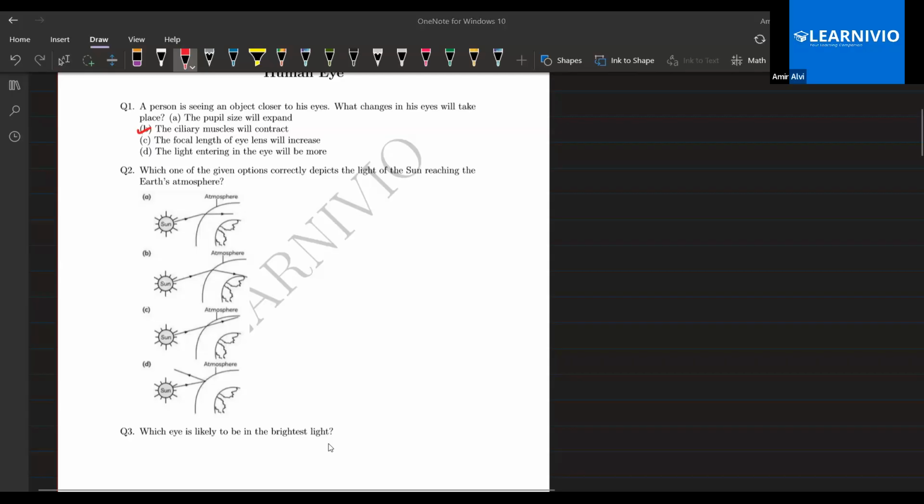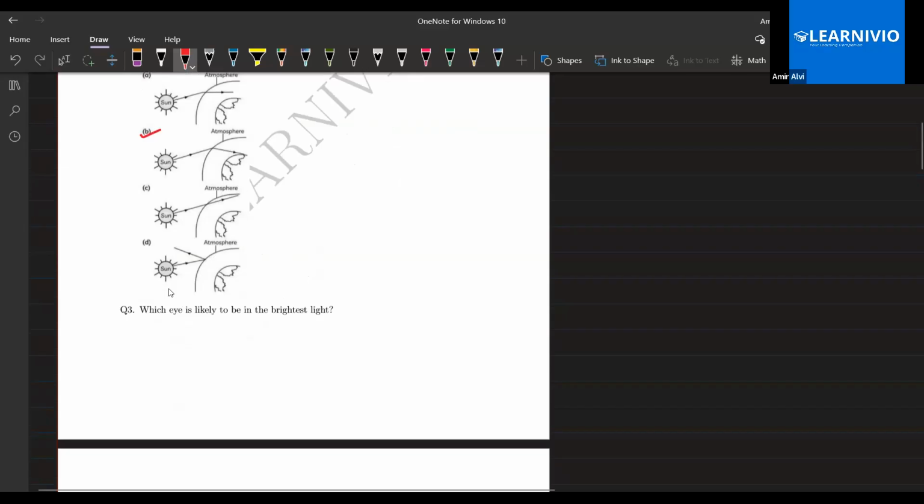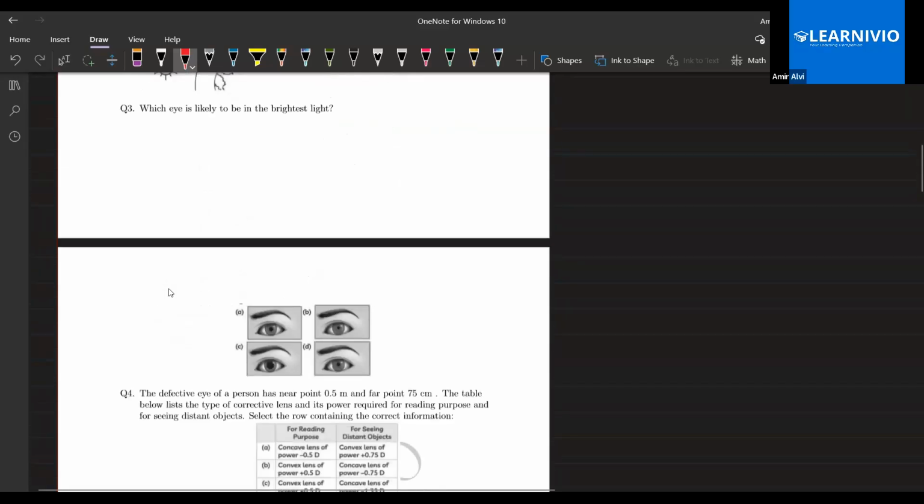Okay, you gave the second one too. Once the sunlight is coming, it is bending, and here atmospheric refraction is continuously happening. So this one would be right. Let me know the answer for the third and fourth.